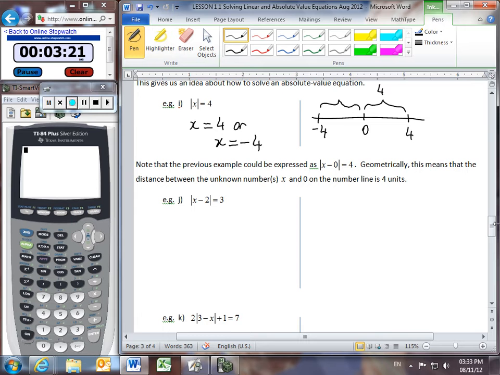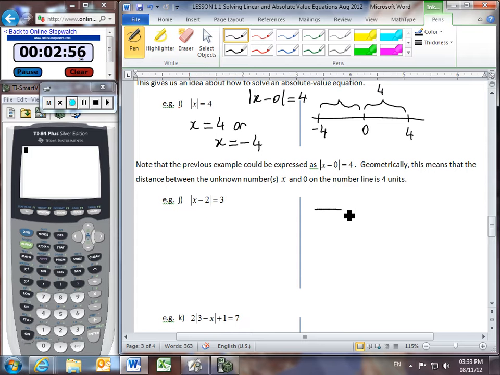Another way that we could have expressed this would have been the absolute value of x minus 0 is equal to 4. And that's another good way of seeing that the difference between our value x and 0 is 4 units. So that's the distance, and we're measuring the distance between x and 0 in this situation. Here, however, we will be measuring the distance between x and a value called 2.